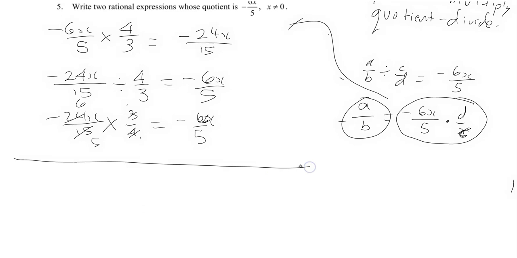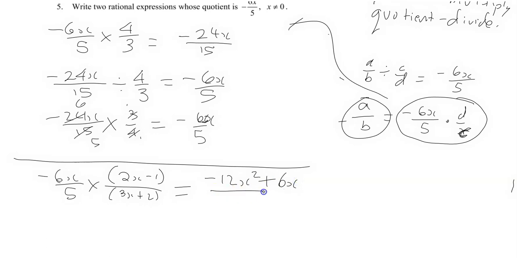So let's pick a little more complex expression, negative 6x over 5 times 2x minus 1 over 3x plus 2. So if we actually expand this out, we'll get negative 12x squared plus 6x over 15x plus 10.